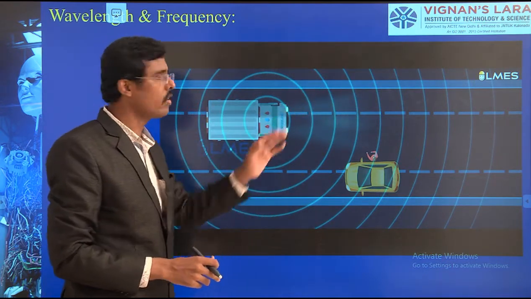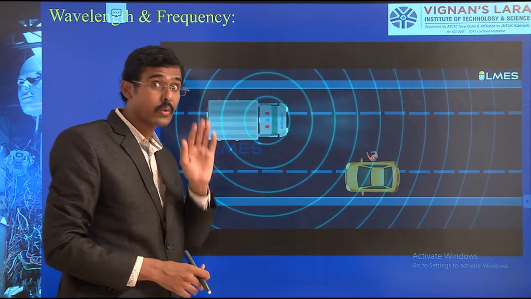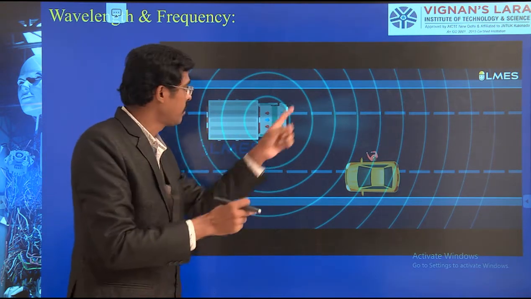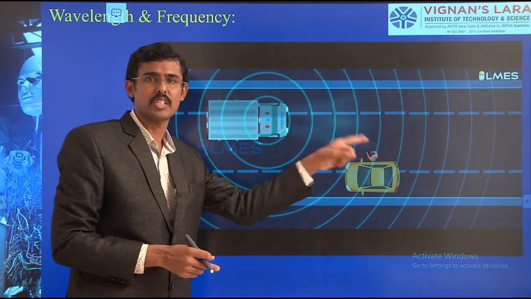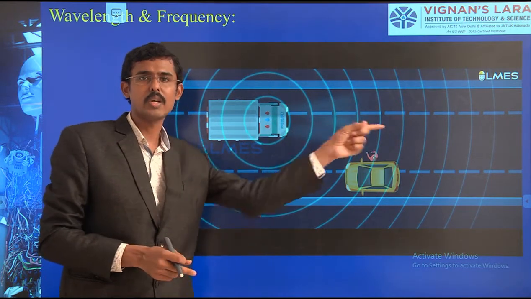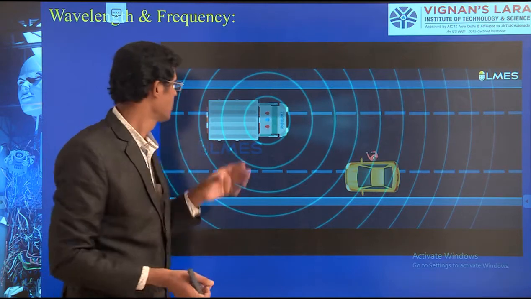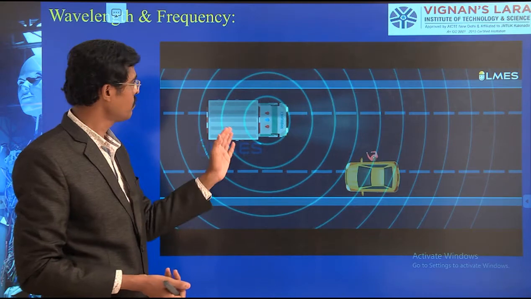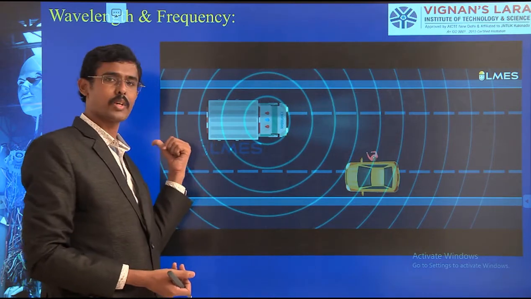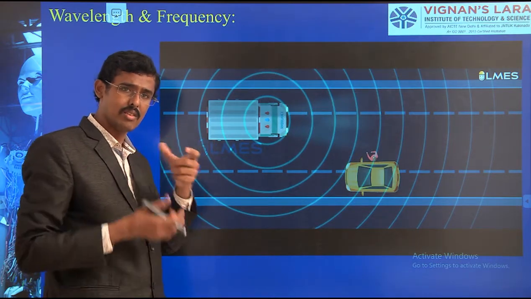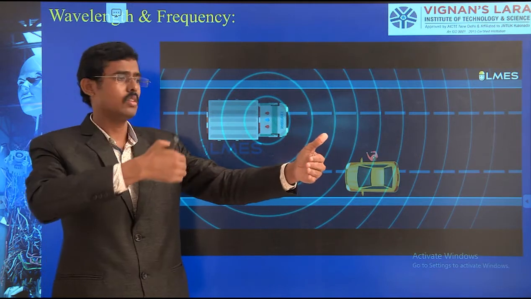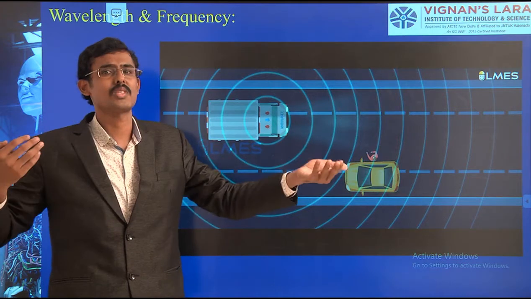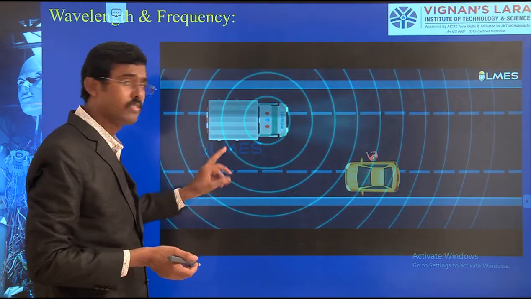Therefore, more waves are there, which means more frequency: per second it will cross 10, 5, or 12 waves. In the same way, at the back side, we are not giving pressure, so the wavelength is large. One wavelength to another is very large and it crosses slowly. There is no pressure.